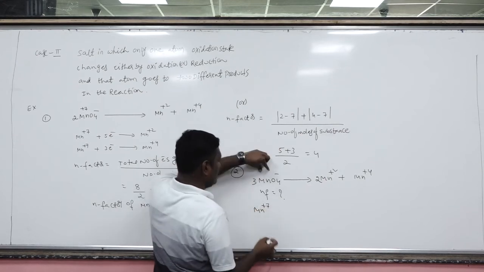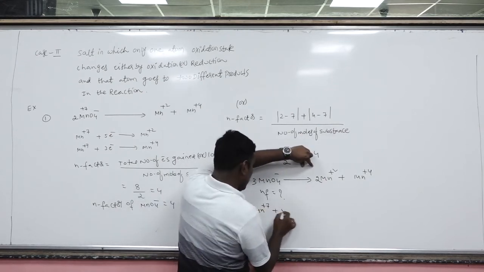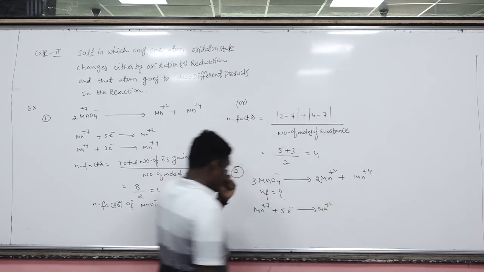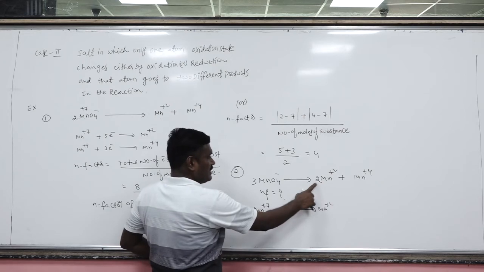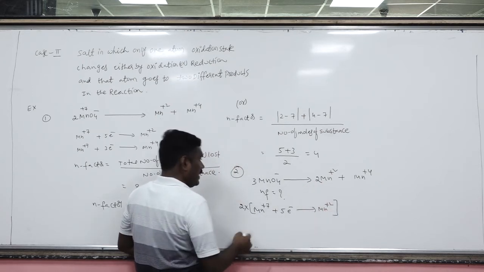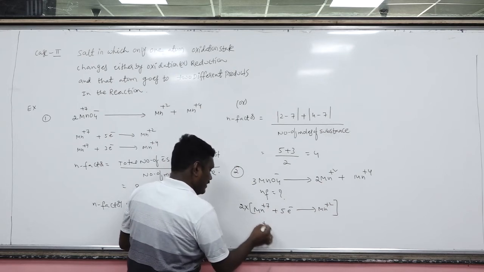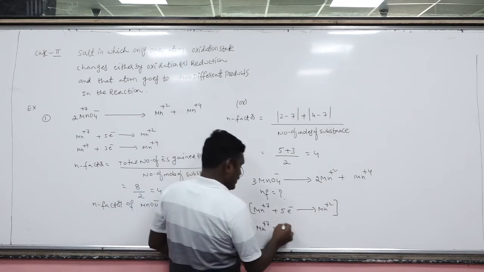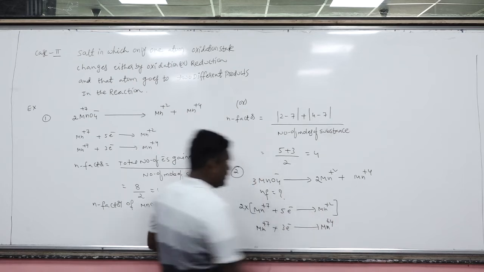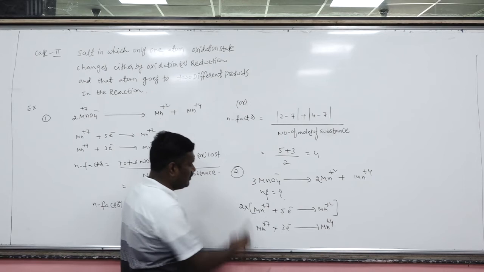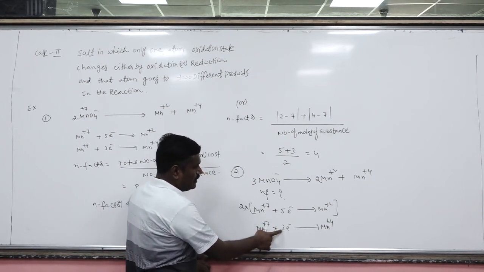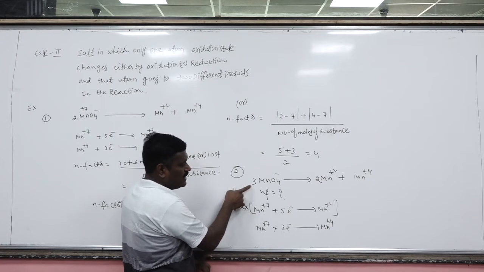Manganese +7 is reduced to +2 by accepting how many electrons? 5. Remember, here 2 manganese atoms are there, so I am multiplying with 2. And the remaining 1 manganese is accepting 3 electrons to get Mn+4. So total number of electrons involved: 2 into 5, 10, 10 plus 3, 13, divided by total moles of the species, 3.